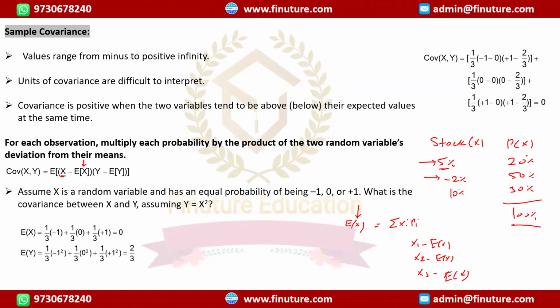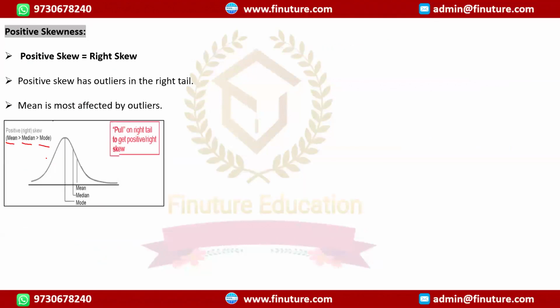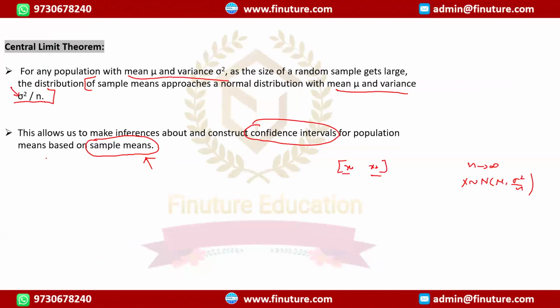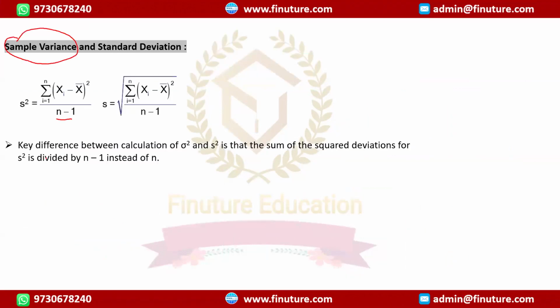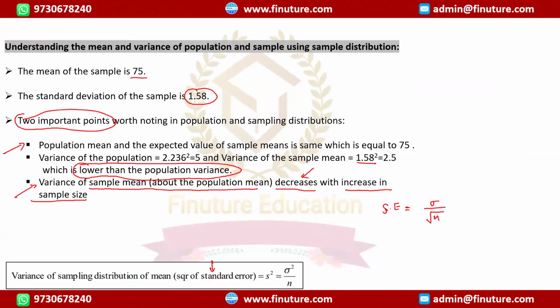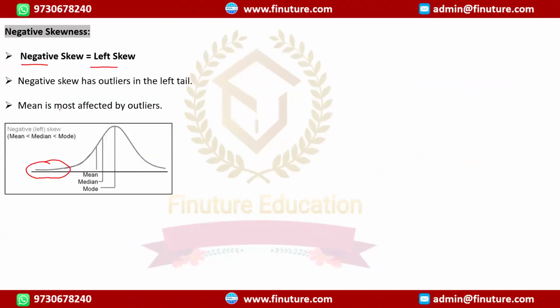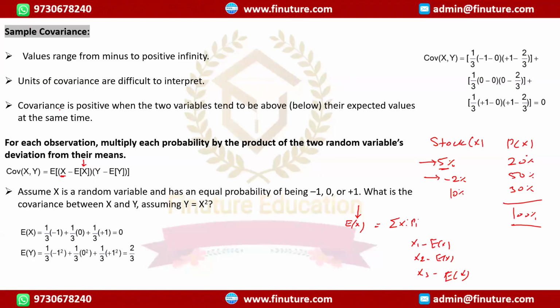Okay. Earlier, when you were calculating variance, after calculating the distance of each data point from the mean, you divided by n minus 1. But when you are given probability distribution data, this is the first deviation, and you multiply it with its probability.